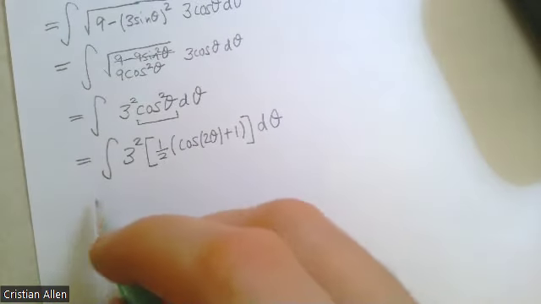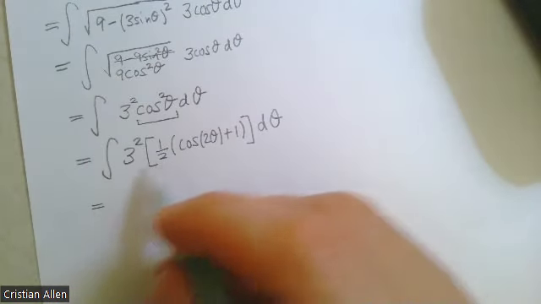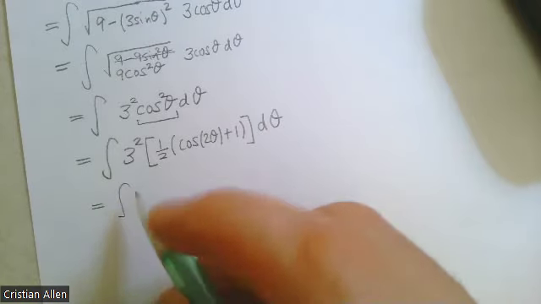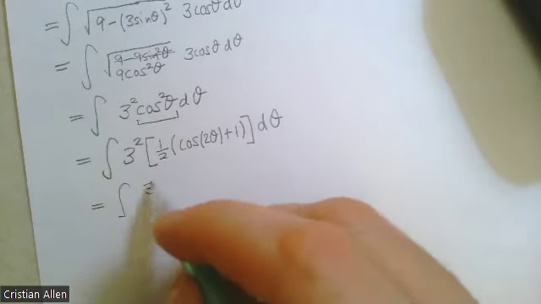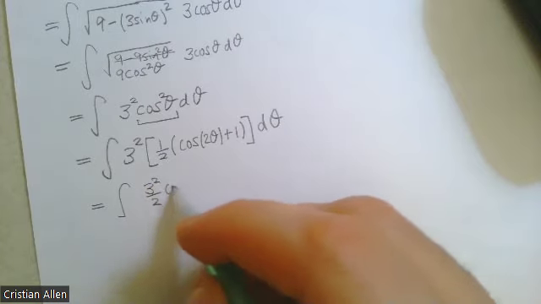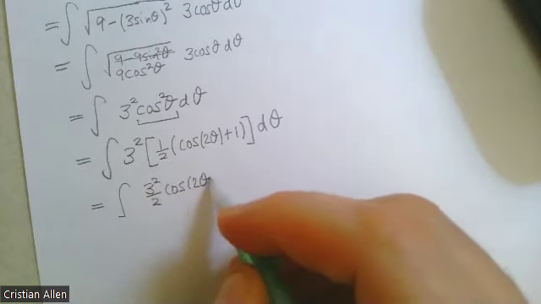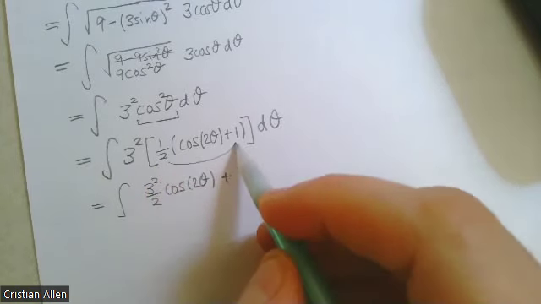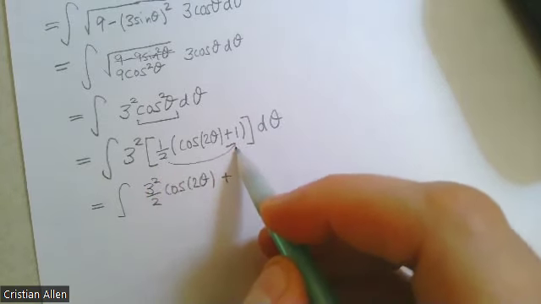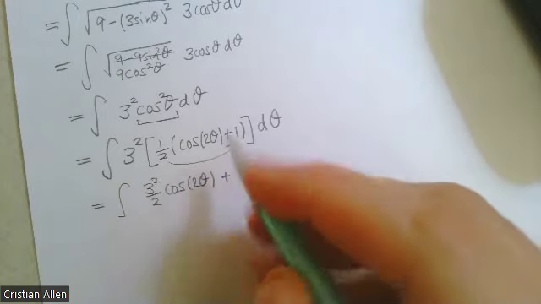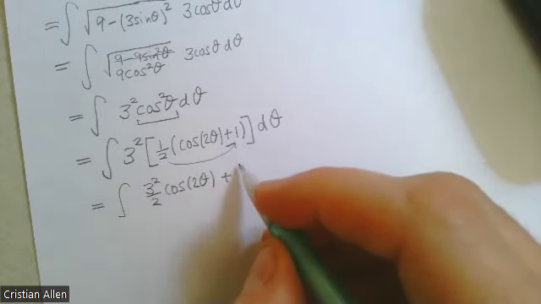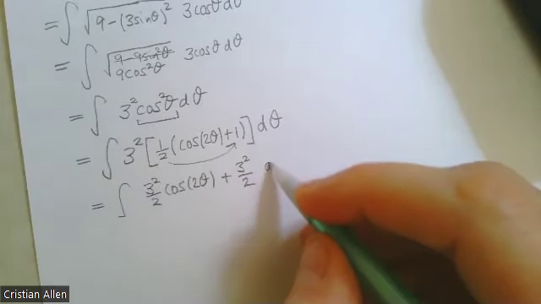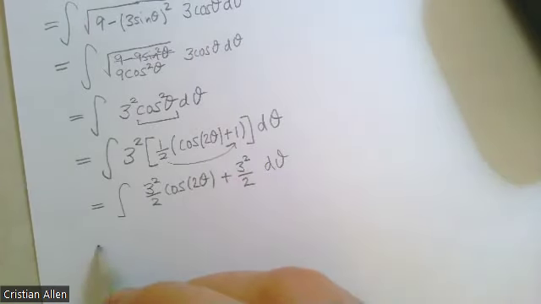All right, and so since it's a little bit messy with the parentheses, let's go ahead and clean this up and call this a 3 squared over 2 cosine 2 theta. And let's see, this 1/2 is going to multiply with the 1, which is also going to get a 3 squared over 2.